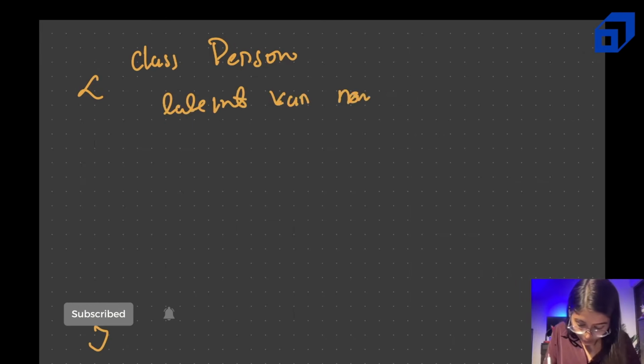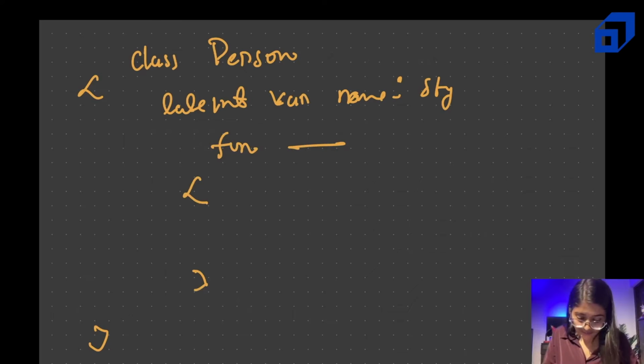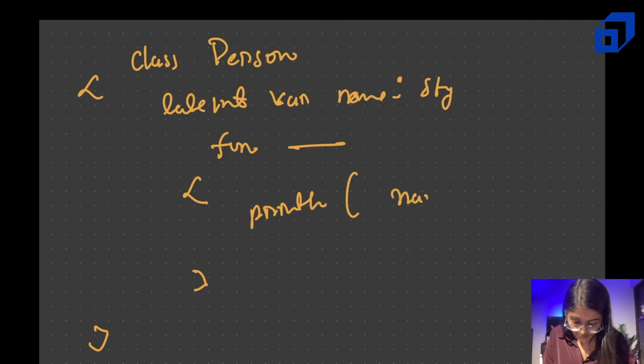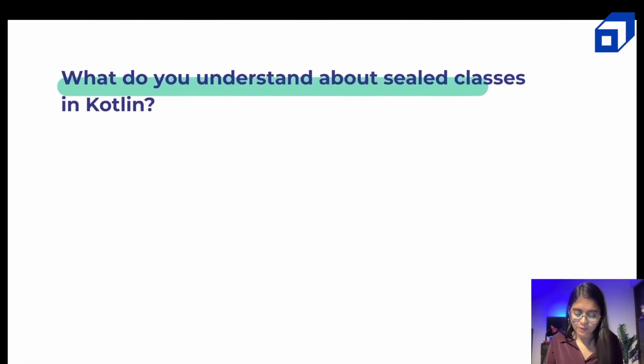Maybe you have a class Person here, and then you have a lateinit var name of type String. Then inside a function, let's say xyz, you want to check if it is initialized or not. Let's say I want to print it, so println(name.isInitialized). It will return true if it has been initialized, otherwise it will return false, right?